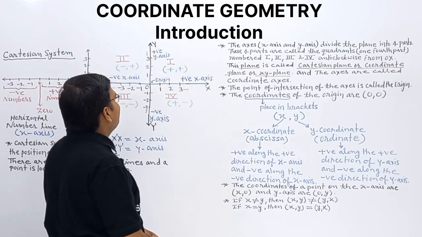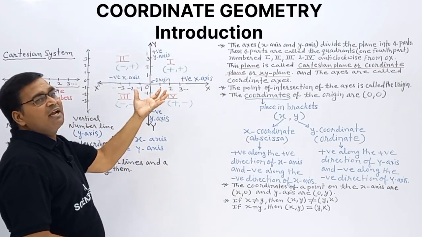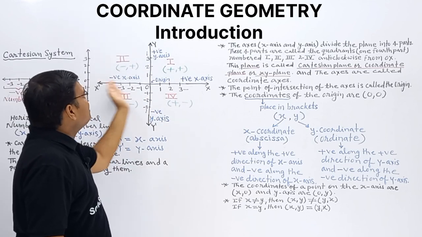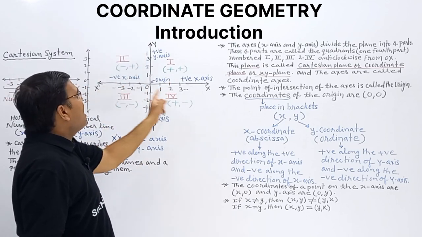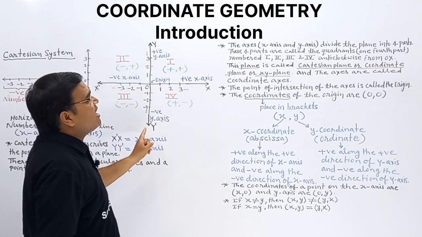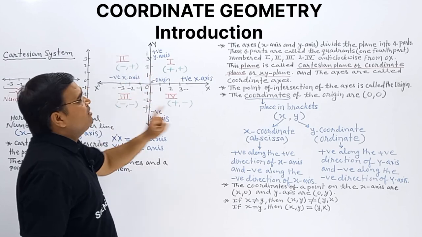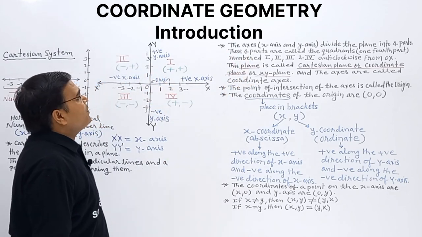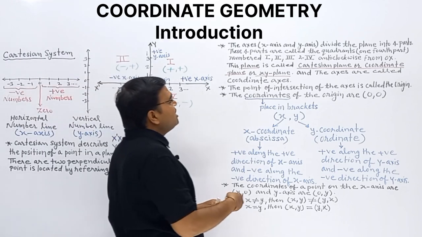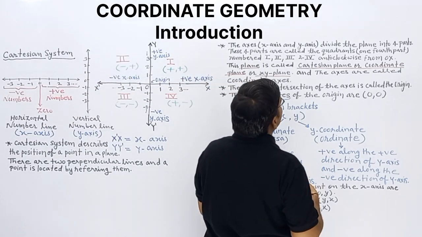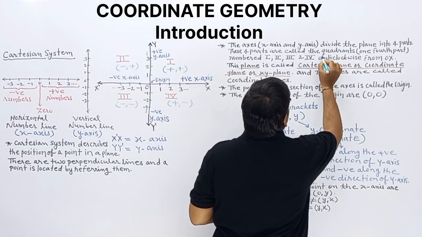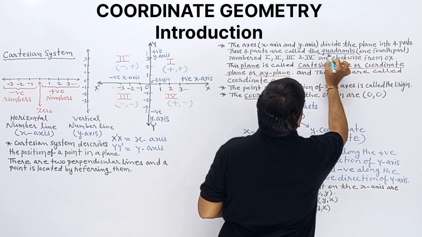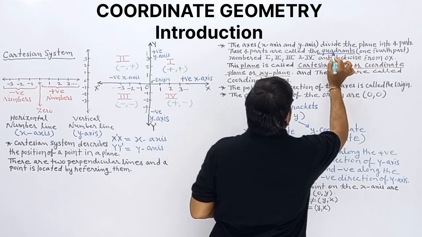How many parts are we getting? You can observe we have four parts. So these two axes, x-axis and y-axis, are dividing this plane into four parts, and these four parts are called quadrants. Listen, quadrant.